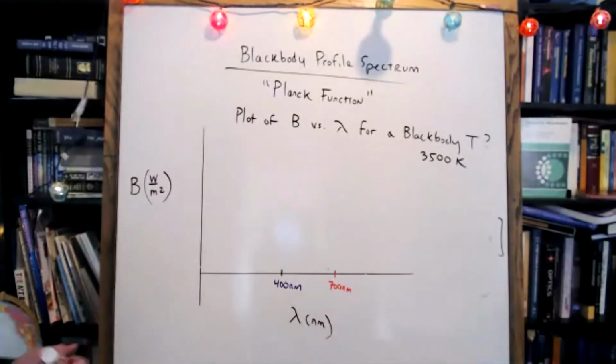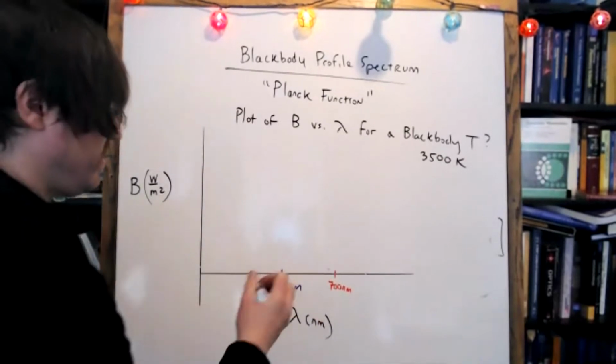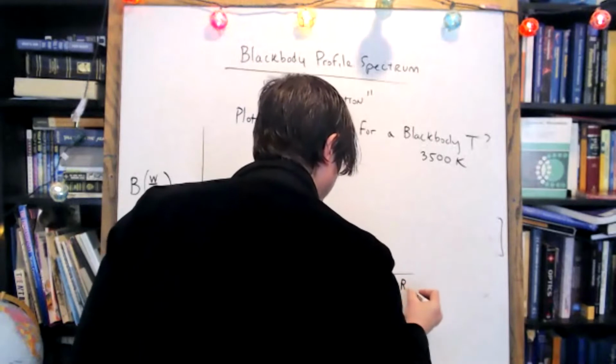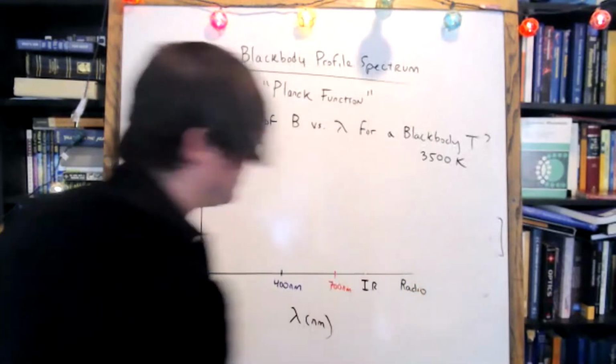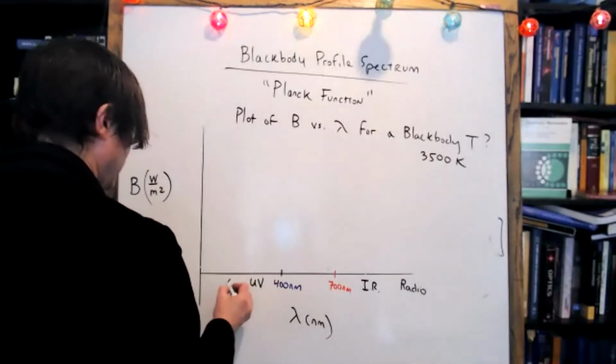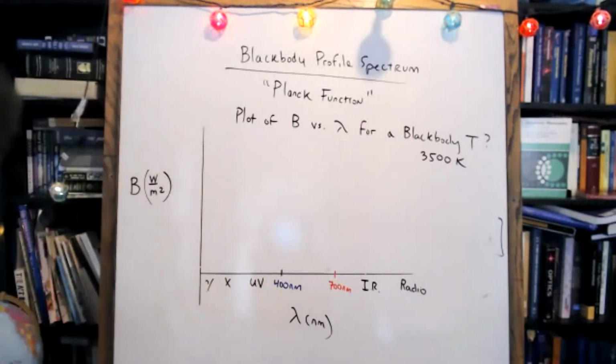But I'm also going to plot all of the wavelengths of the EM spectrum. I'm going to plot infrared. Radio is even longer. I'm even going to plot some UV and some X-rays. Hell, I'll even plot those Teenage Mutant Ninja Gamma rays.